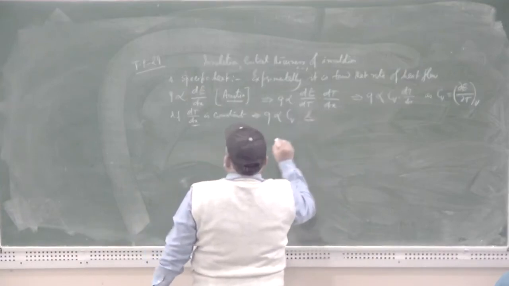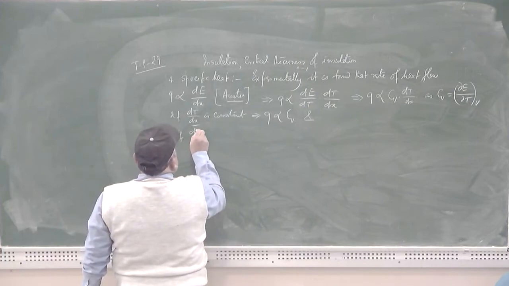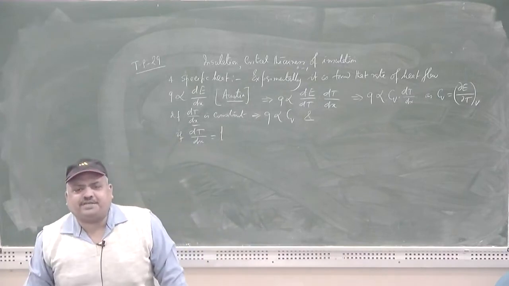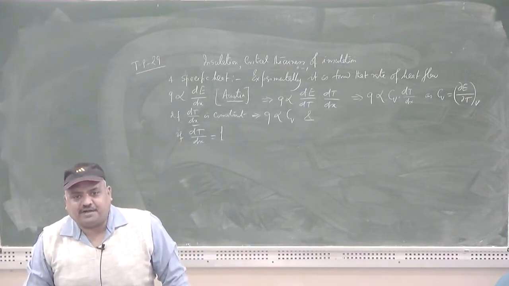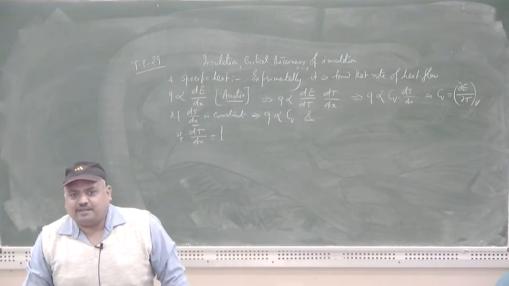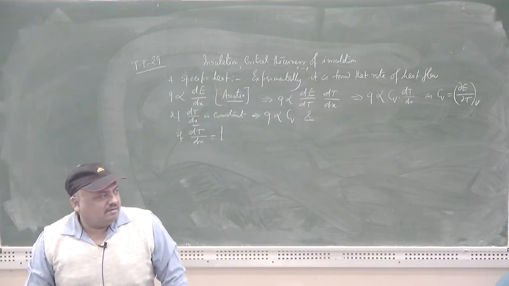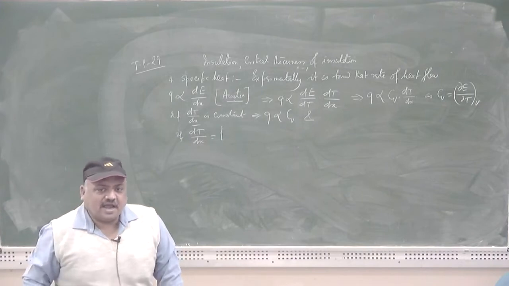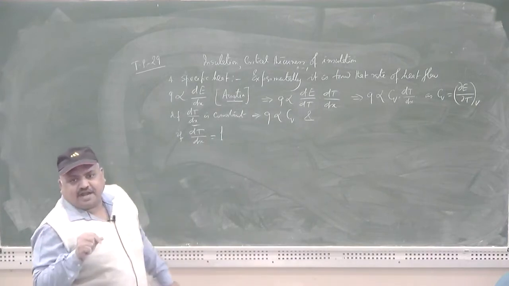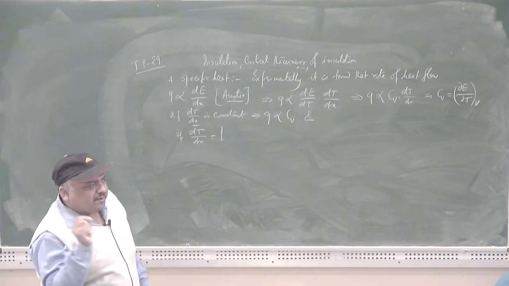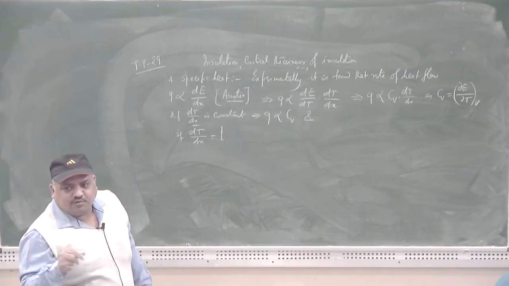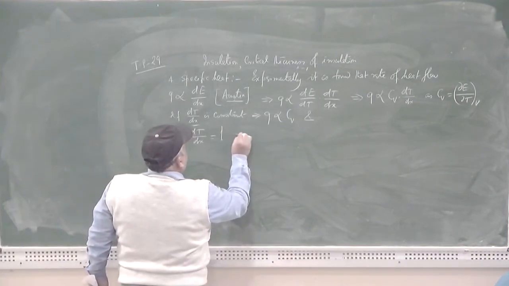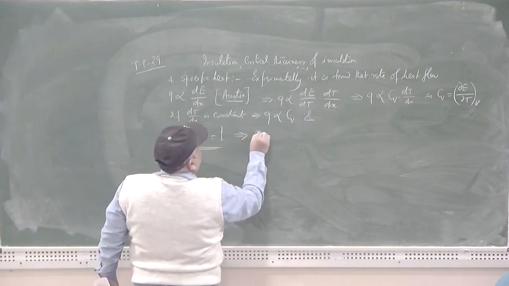And if dT upon dx is equal to 1, that is, if I am considering the unit temperature gradient, then according to the Fourier law of heat conduction, as I have stated already in the introduction class to heat transfer, the quantity of heat flow per unit area under the unit temperature gradient per unit time is what is known as thermal conductivity. Then if dT upon dx is equal to 1, Q is equal to K.